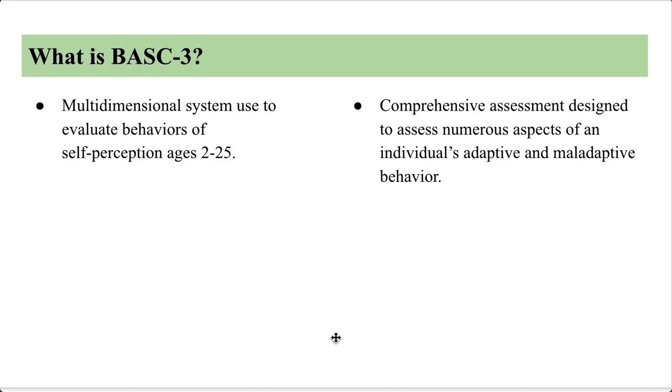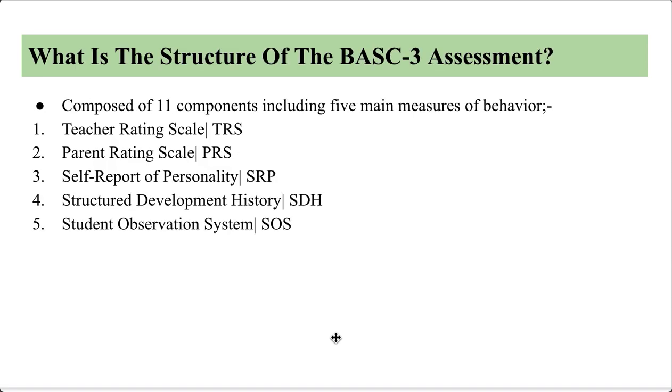What is the Behavior Assessment System for Children? It's a multi-dimensional system used to evaluate behaviors and self-perceptions from ages 2 through 25. In addition, it's a comprehensive assessment designed to assess numerous aspects of an individual's adaptive and maladaptive behavior.